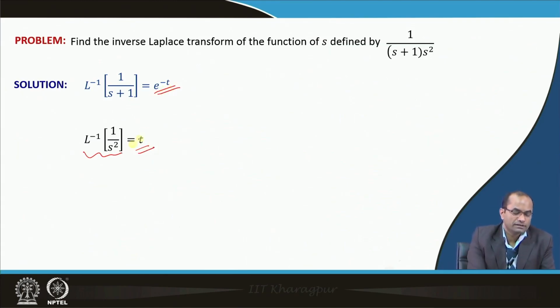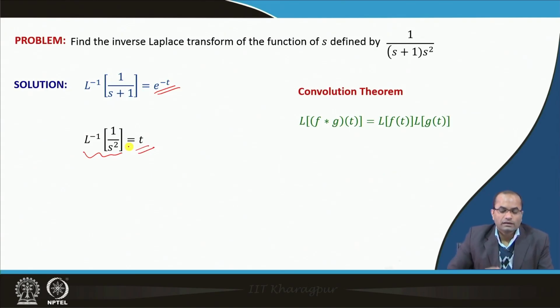So, we know the Laplace inverse of these two, and now we can apply this convolution theorem, which says the Laplace of f star g is the product of these two Laplace transforms.